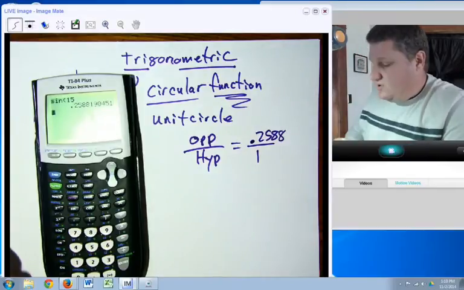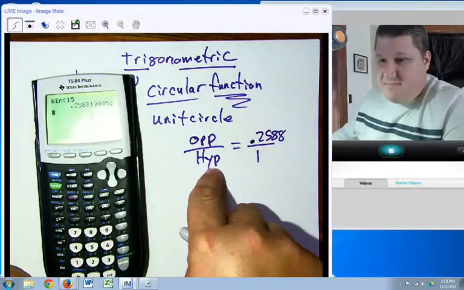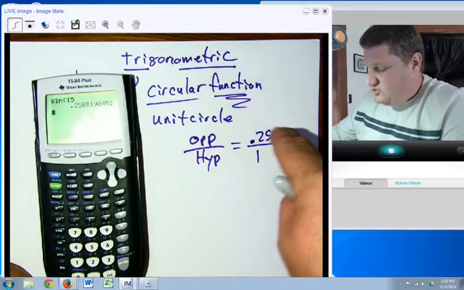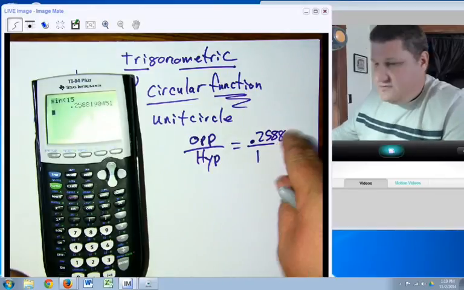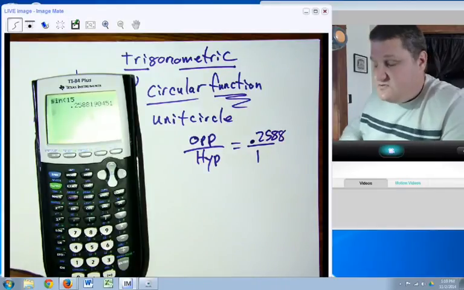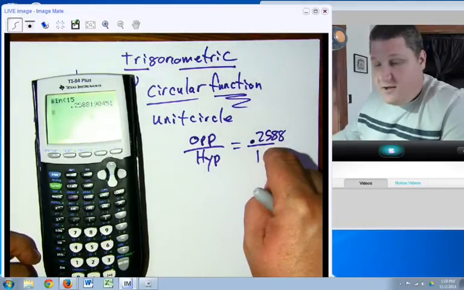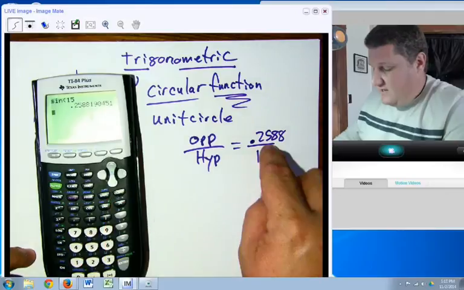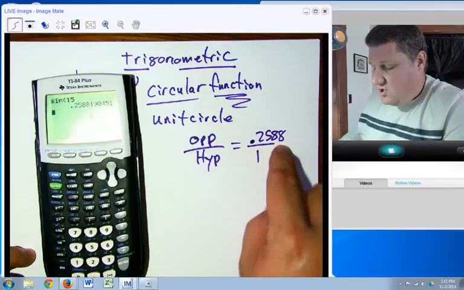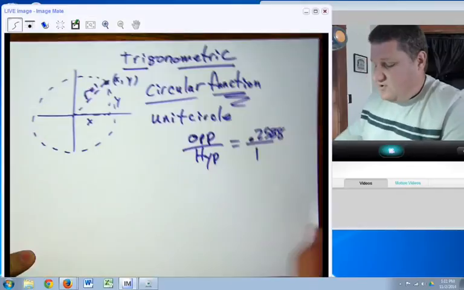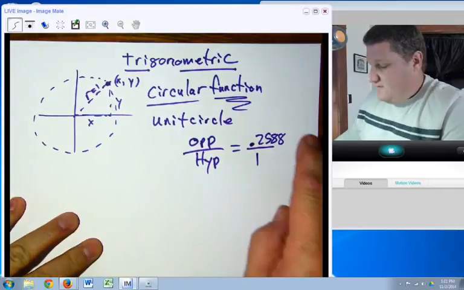So if the hypotenuse is always the biggest, and it's 1, every other side is going to be smaller than 1. Every sine and cosine is going to be smaller than 1 because that's the ratio it is. So that's why sine and cosine ratios are like 0.2588.